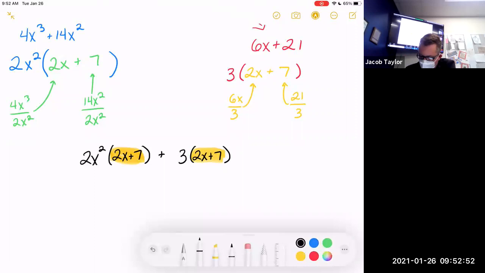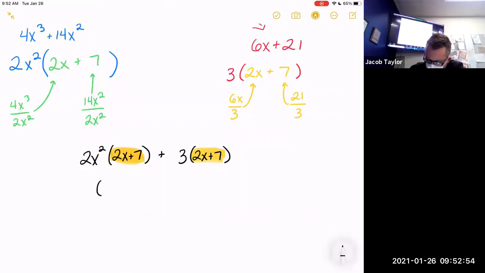My answer to this problem is going to be 2 sets of parentheses. The first set of parentheses is going to be the thing that they have in common.